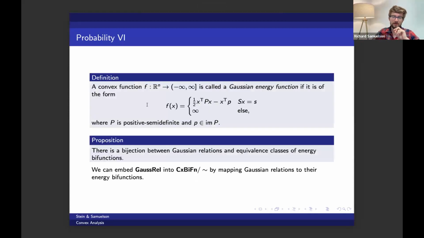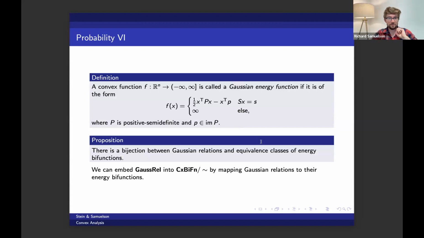These morphisms in this category Gauss-Rel, these Gaussian systems, also correspond to energy functions. A Gaussian energy function is a quadratic function of this form. And it's a quadratic function which has a minimum, so the infimum of the function can't be negative infinity.